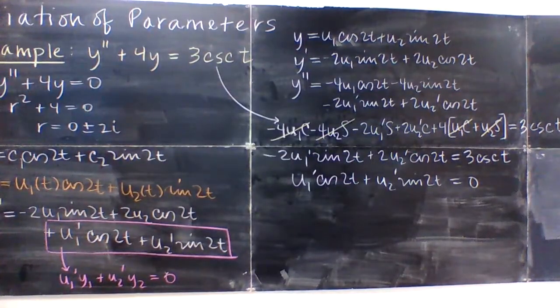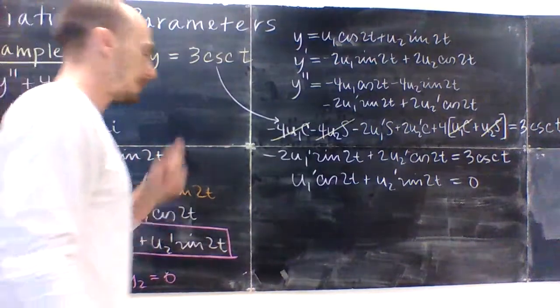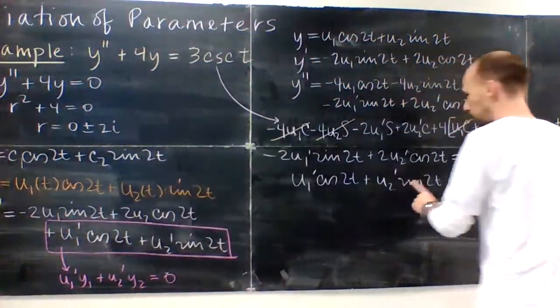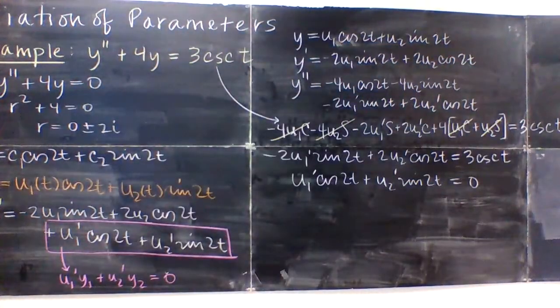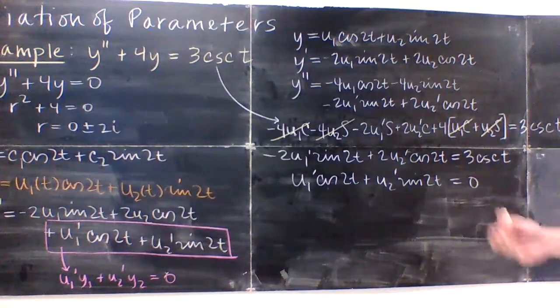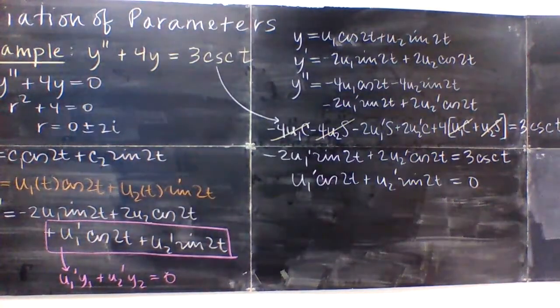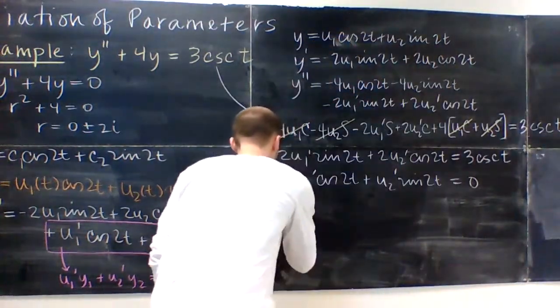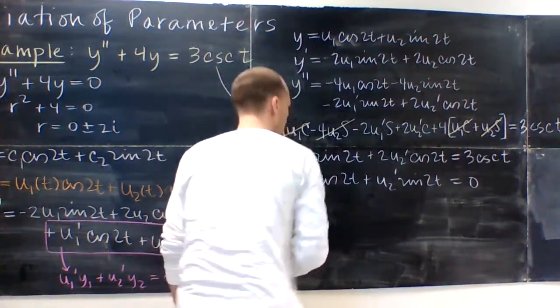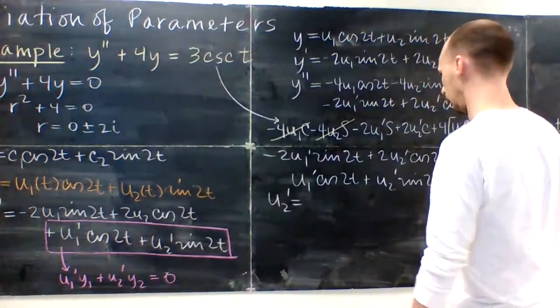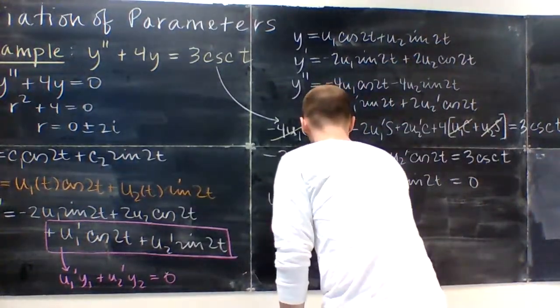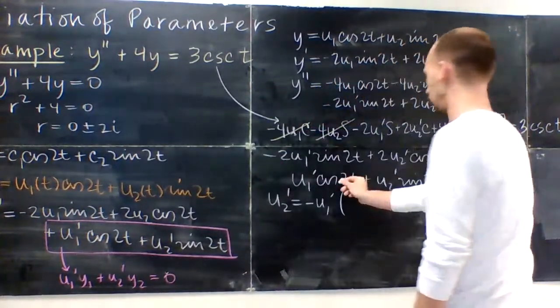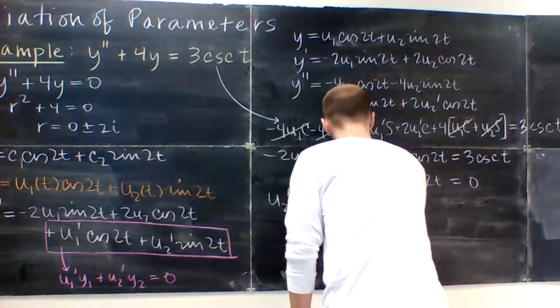I think I'm going to solve for u2 prime here. You could start going any direction you wanted, but I'll just start by solving for u2 prime. So u2 prime is going to be equal to, I will subtract this away, negative u1 prime times cosine of 2t divided by sine of 2t.